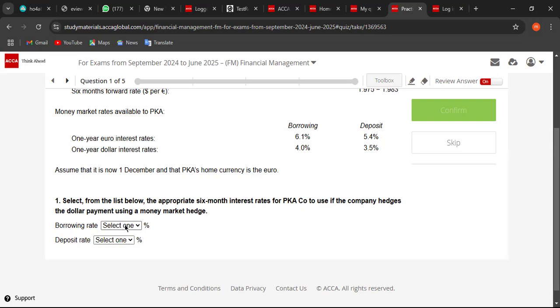Now, what was happening, guys? Examiner is asking you what should be the borrowing rate and what should be the deposit rate. So now see, in this question, first I am explaining what you mean by money market hedging.